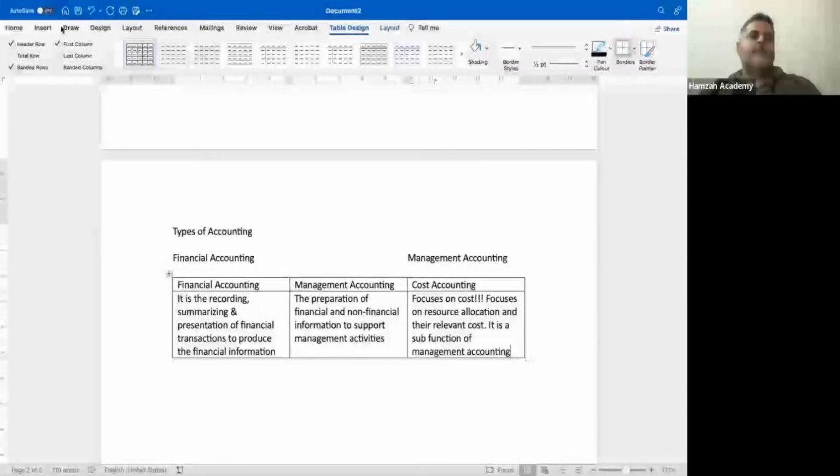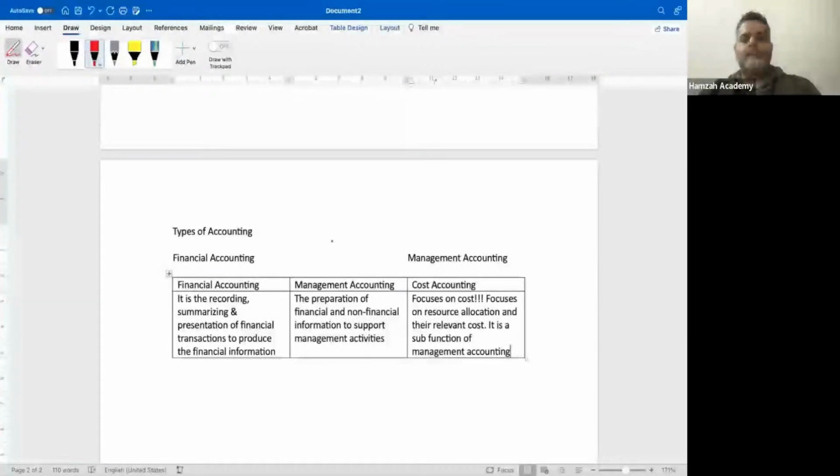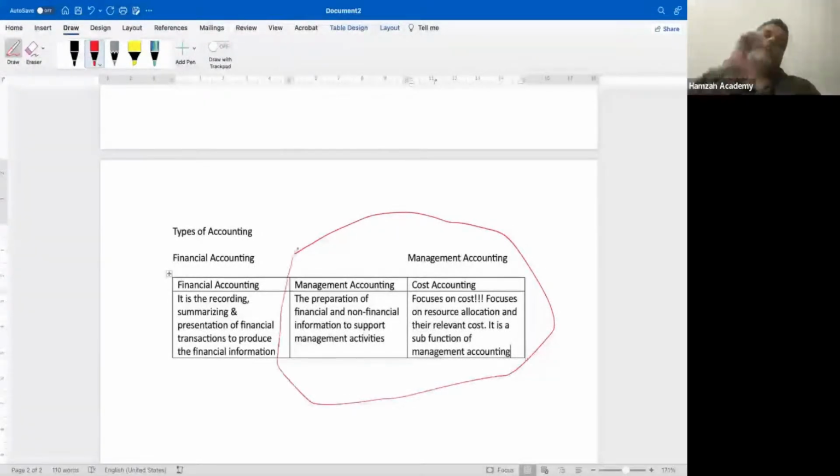So technically, you must have heard its name as cost and management accounting or management and cost accounting, right? So that is how we can use the words interchangeably over here, right? One is called management accounting or management and cost accounting, and one is financial accounting.